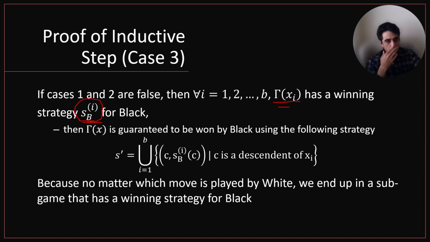So we can generate the following strategy for black to win the whole game. So gamma of x is guaranteed to be won by black using the following strategy. The strategy, I call it S prime, which is the union of the following sets or functions.